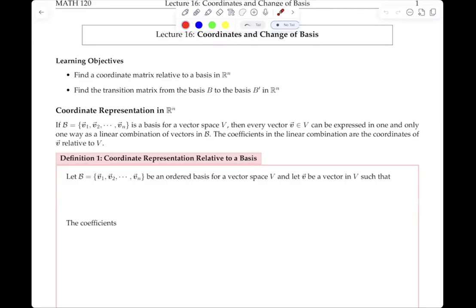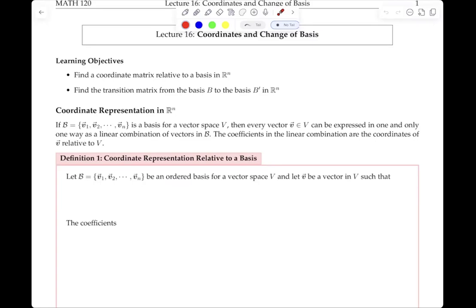When we write vector V as a linear combination of all the vectors in B, you need the coefficients C1, C2, C3, and so on. Those coefficients in the linear combination are the coordinates of V relative to the basis.